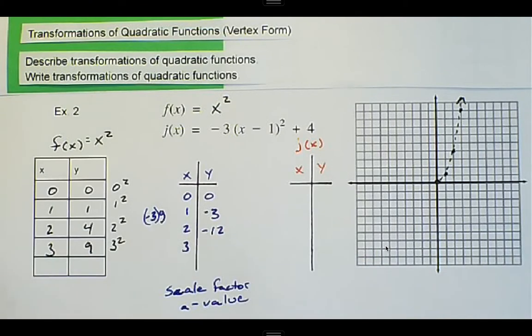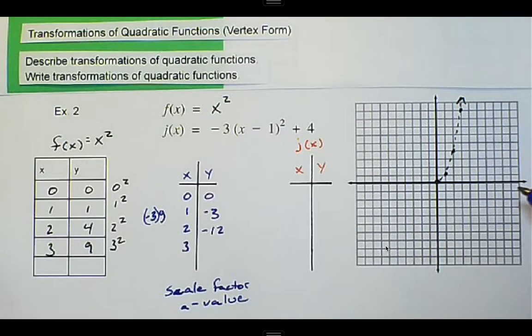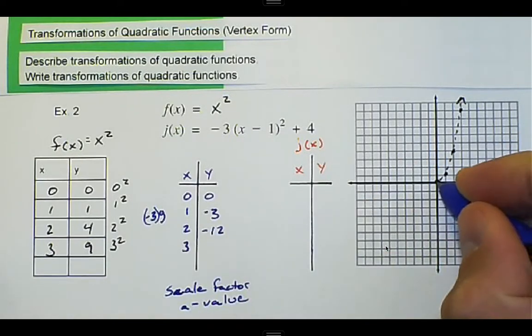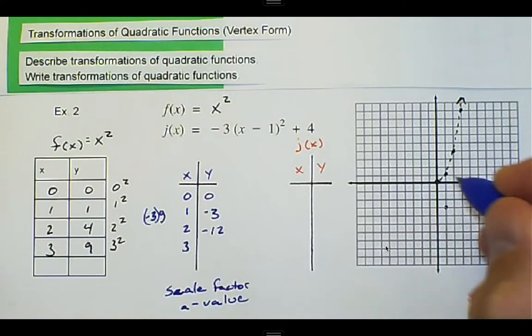That's kind of off of our graph, so we can't really graph any further than that. But let's take a look at what that does to our graph. So (0, 0) is still our vertex. Then we're going to go over 1, down 3, and then over 2, down 12.